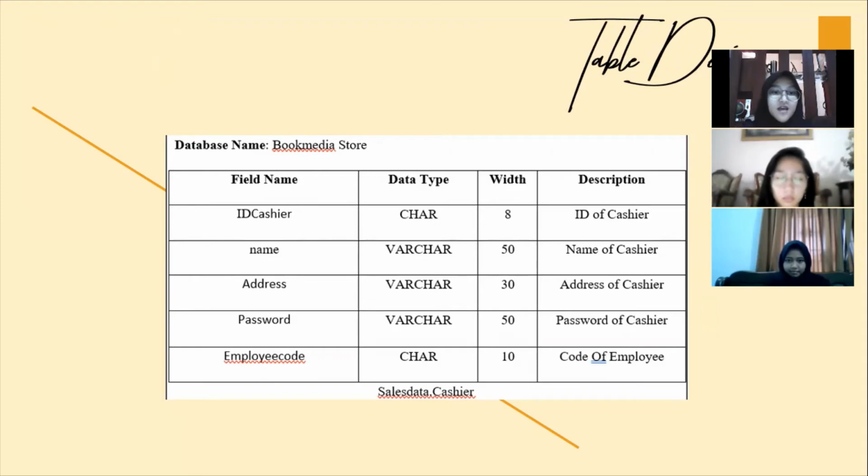Third, field name address, data type varchar with 30, description address of cashier. Fourth, field name password, data type varchar with 50, description password of cashier. Fifth, field name employee code, data type char with 10, description code of employee.